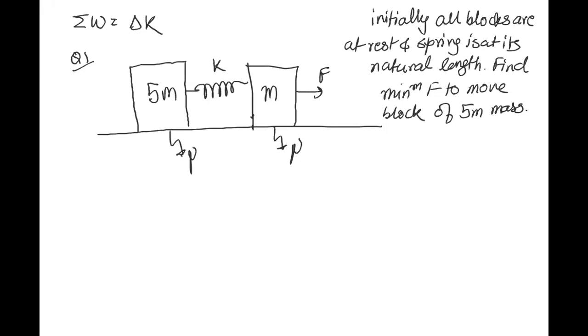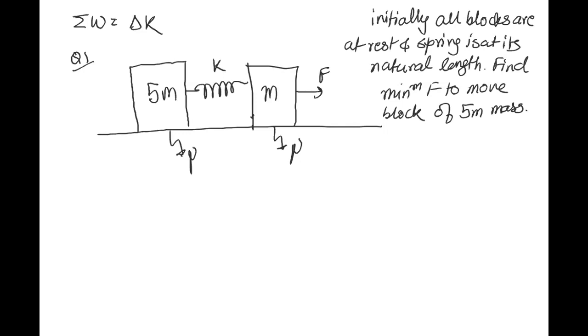Okay, remember the steps. First, what should be the initial and final configuration of the system. Second, during this transition from initial to final, what forces act. And then find out the work done on the system, and then find out the initial kinetic energy and the final kinetic energy, and then equate.